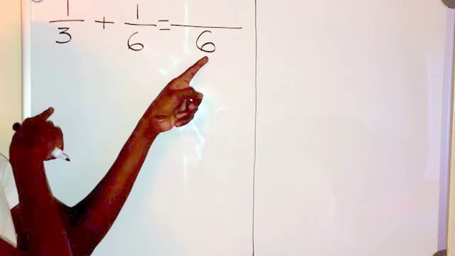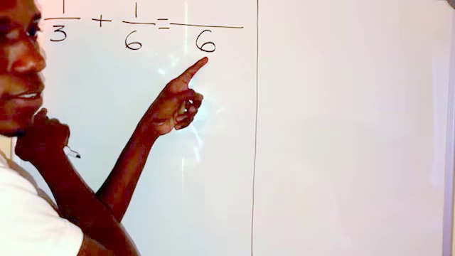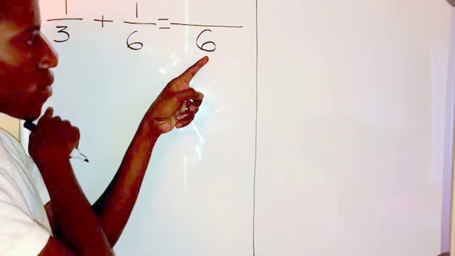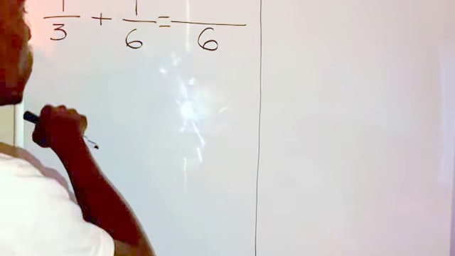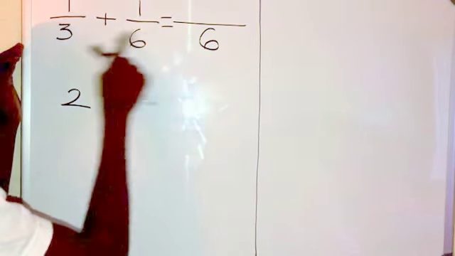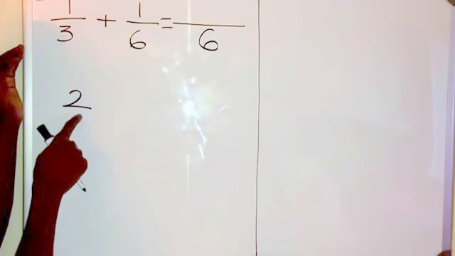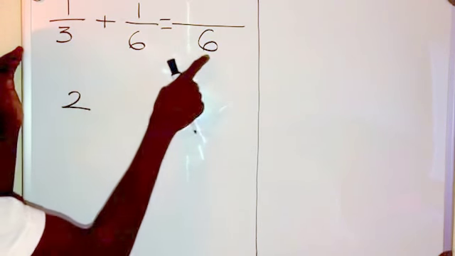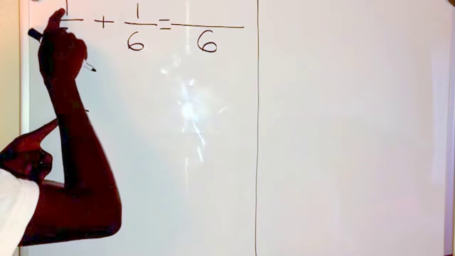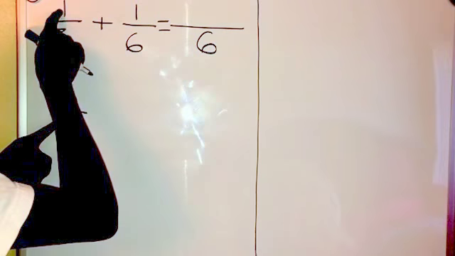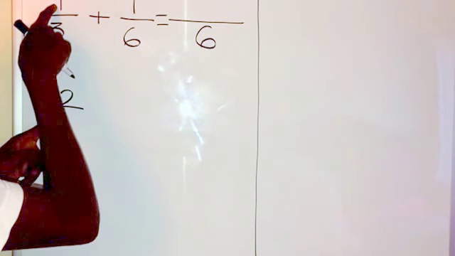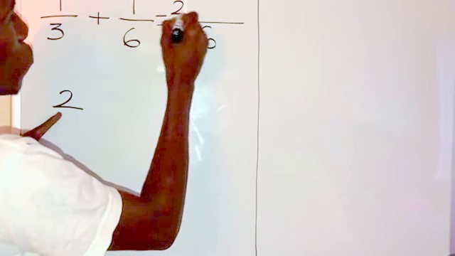Like I said, we clearly see that when we multiply 3 by 2, we get 6. So we keep this 2. We say 6 divided by 3 gives us 2, or 2 times 3 is 6. So we multiply this 2 by the numerator, the top part of the 1/3. So 2 times 1 is 2.